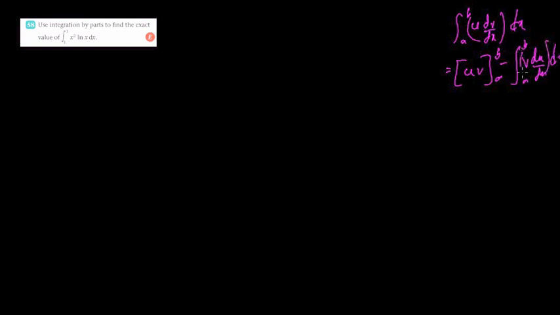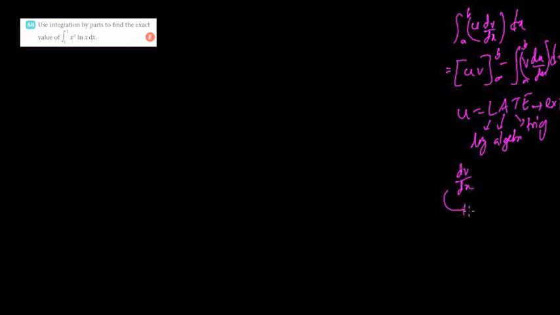That means u is chosen by LATE, so that's how you organize. L for log: log gets the most priority. Second priority is algebra, third is trigonometry, and the fourth is the exponential function. The remaining one is dv by dx, and you get v by integrating it. That's how you do the sum.